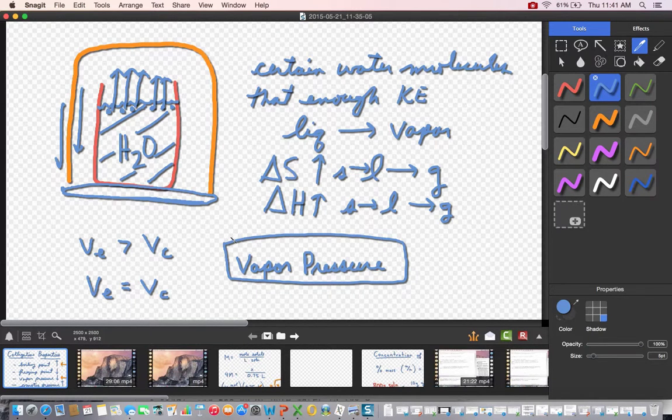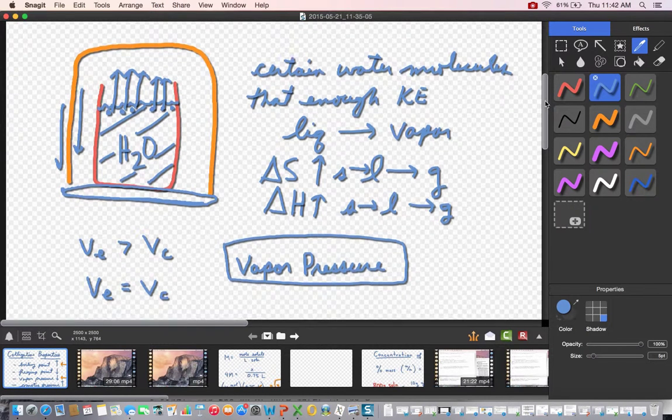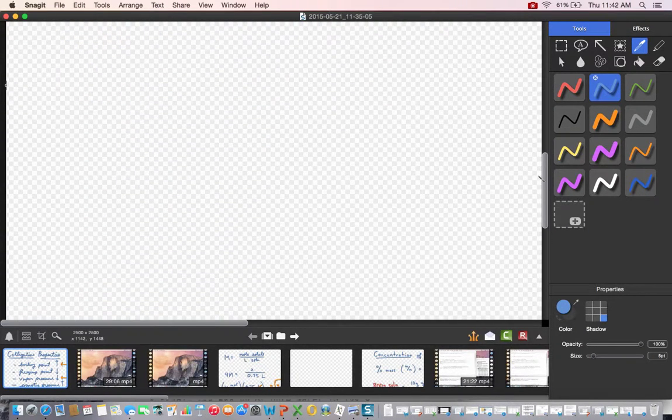Now let's look at a situation where we have solute that's dissolved in the beaker of water. So I have water, but let's say we have NaCl. Na plus, of course they're smaller.